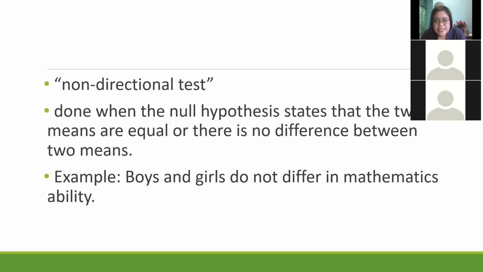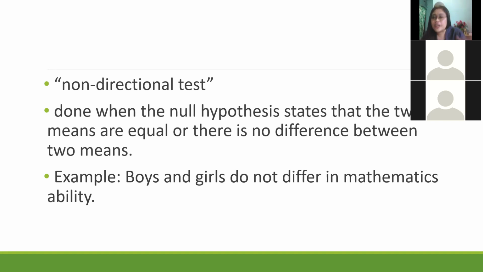But, for example, your hypothesis is boys have greater mathematical ability than girls. So that is your hypothesis: the ability of boys in terms of mathematical ability is higher than that of girls. Then we call that a directional hypothesis.